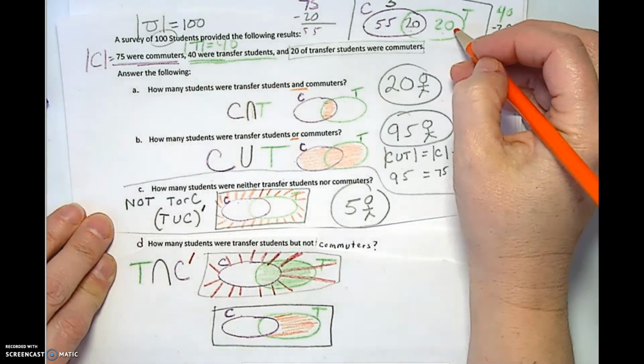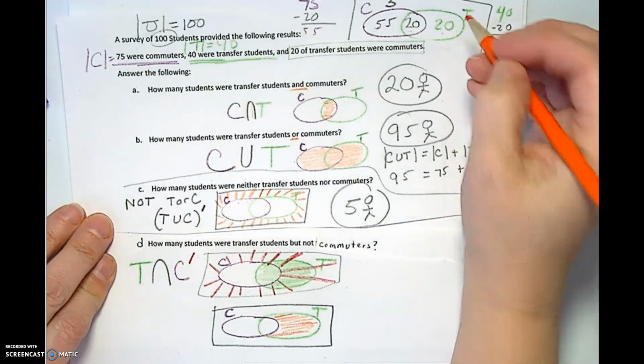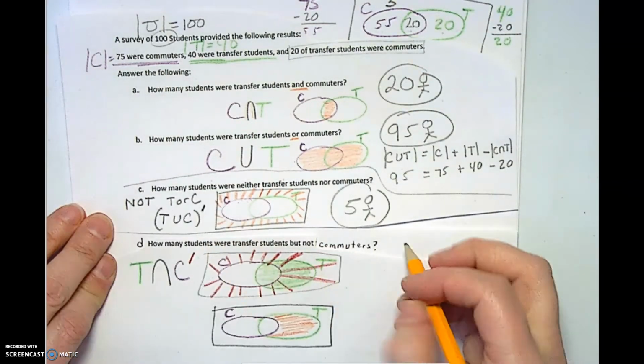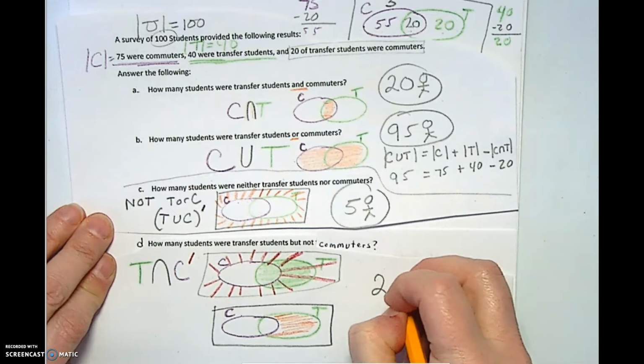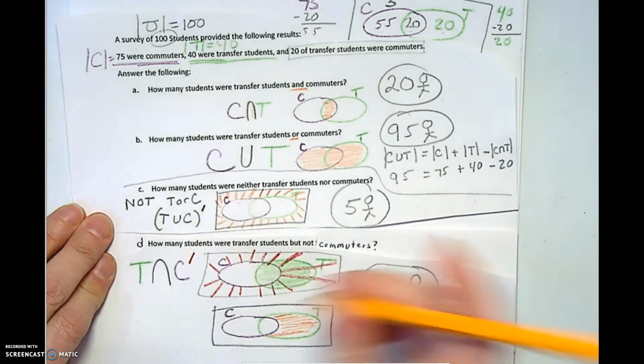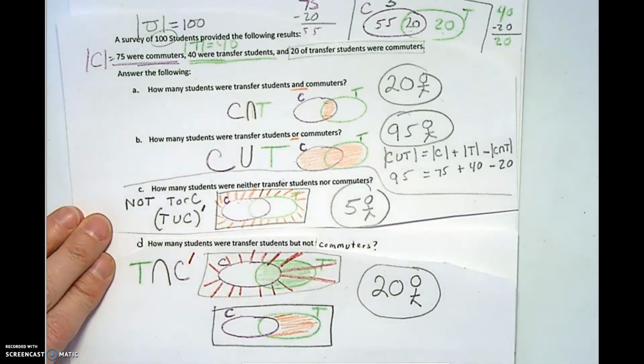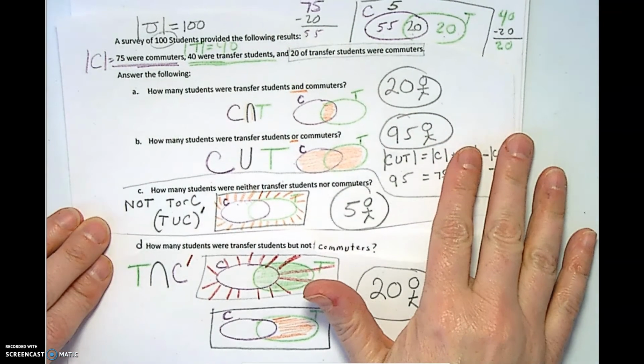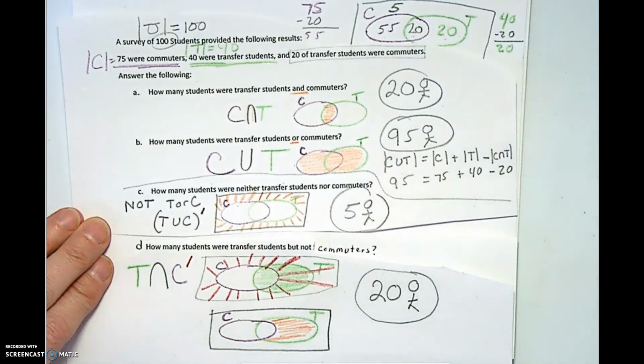So we go up to where it is here. There were 20 students there, and I'm sorry I used the number twice in these. I don't like it when that happens, but there it goes. So hopefully having these examples of different ways to take the survey information and put it into the Venn diagram and then answer the questions worded different ways will be helpful.